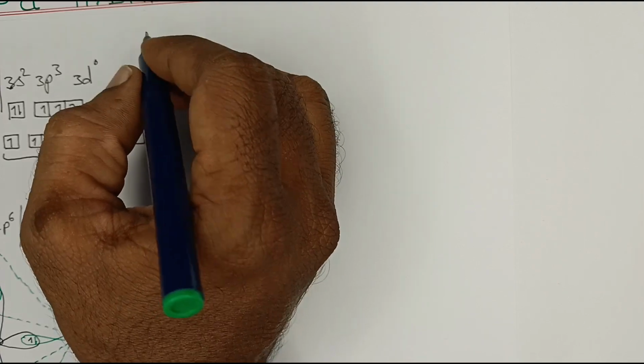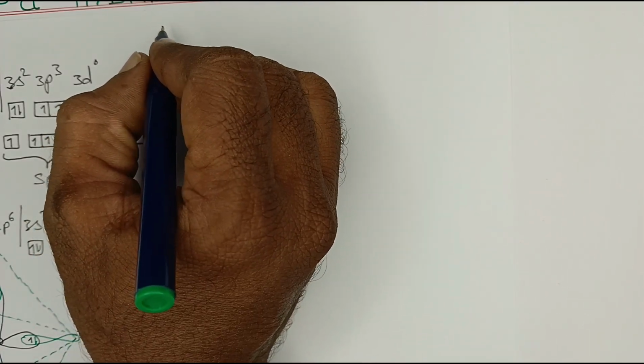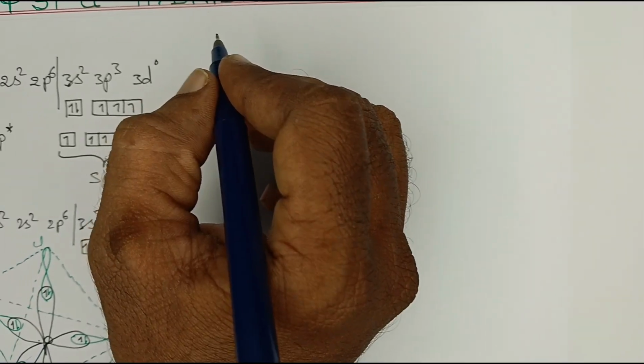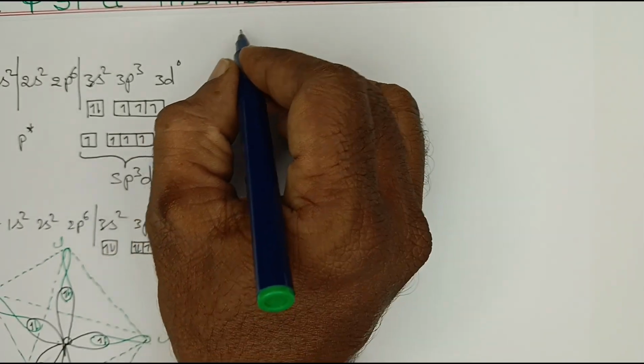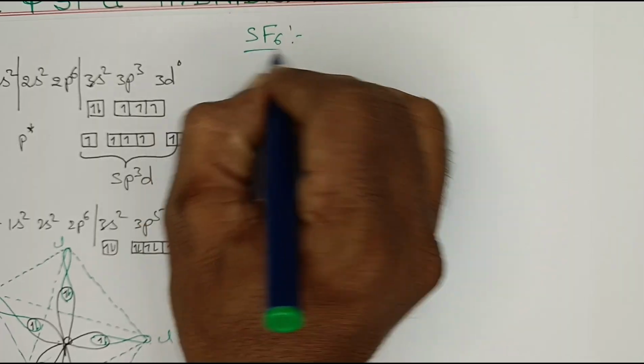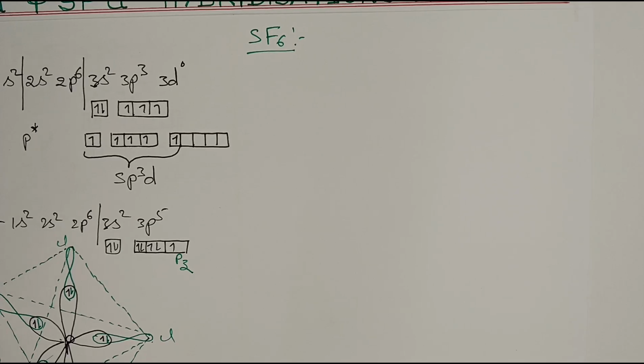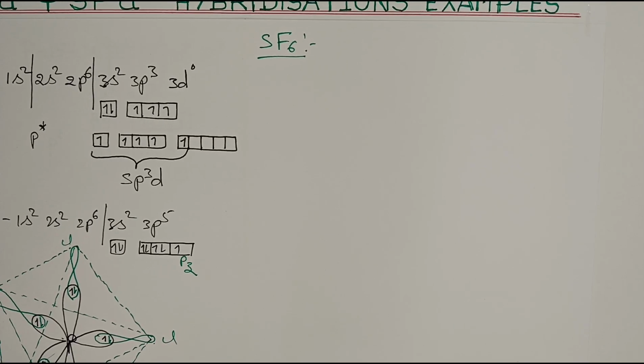sp3d2 hybridization. For sp3d2 hybridization, the example is SF6. In SF6, the central atom is sulfur.